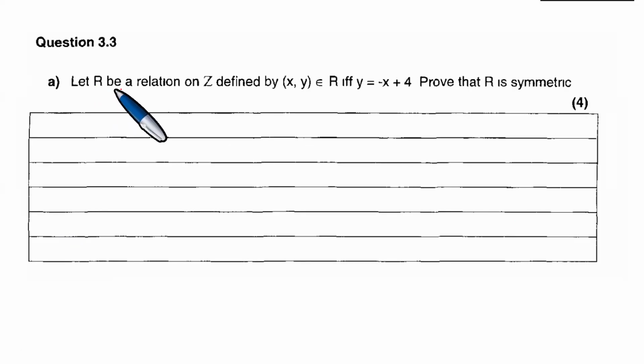Question 3.3. Let R be a relation on Z. We're looking at Z relations at the moment. Let R be a relation on Z defined by (x, y) in the relation if and only if y is minus x plus 4.